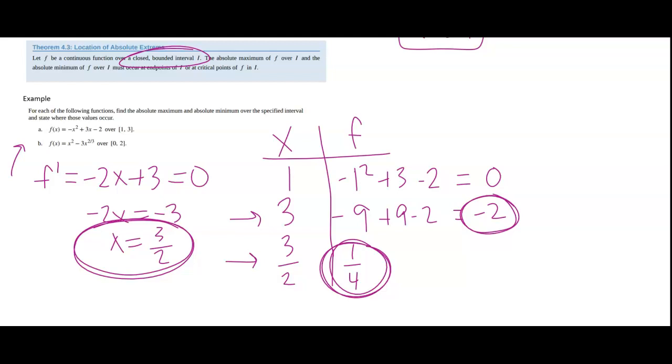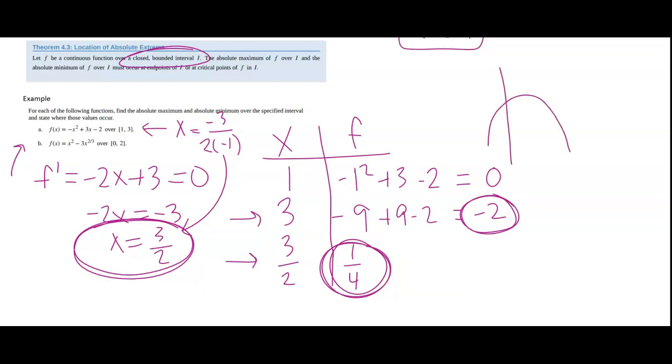Now, if you think about this as a function, it is a parabola that opens down. And we can use the vertex formula to figure out the vertex, x equals negative b over 2a. And we get 3 halves, which is where I have my horizontal tangent line.